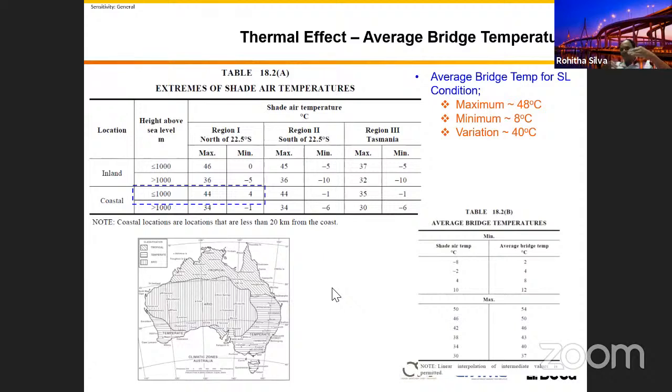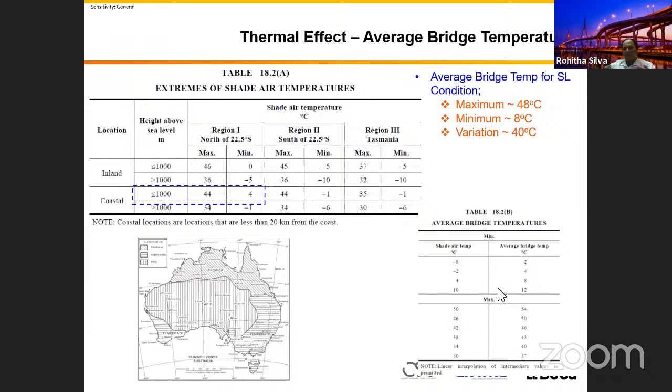When we are designing, you calculate your average shaded air temperature in the bridge. You can assume maximum goes up to 44, minimum goes down to 4 degrees, and corresponding to that, there is a correlation. They developed this relationship. If you know these numbers, using the average bridge temperature, you can interpolate and estimate the average bridge temperature.